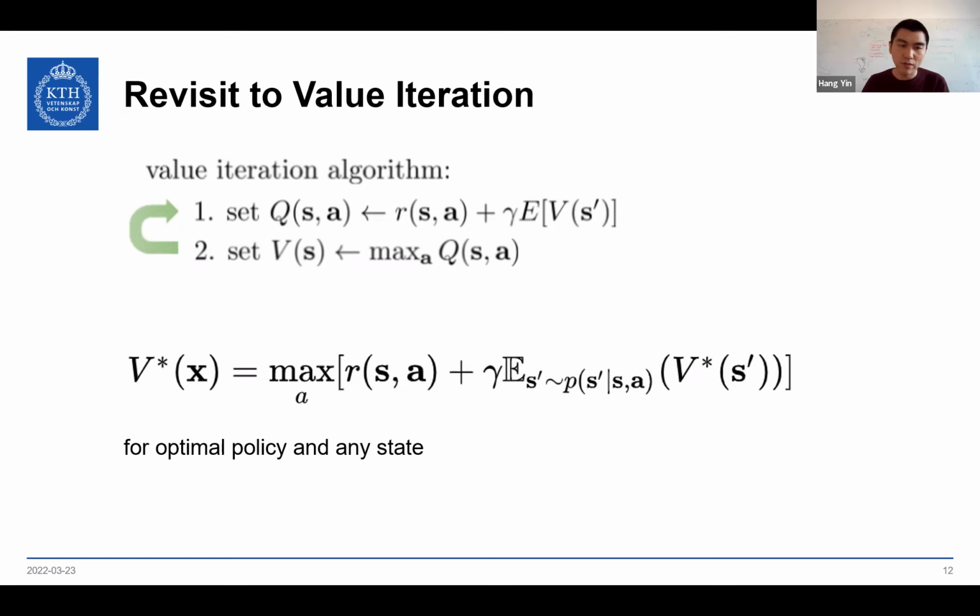If you have this value function, you can easily derive your optimal policy. So this is what happens in reinforcement learning with value iteration.